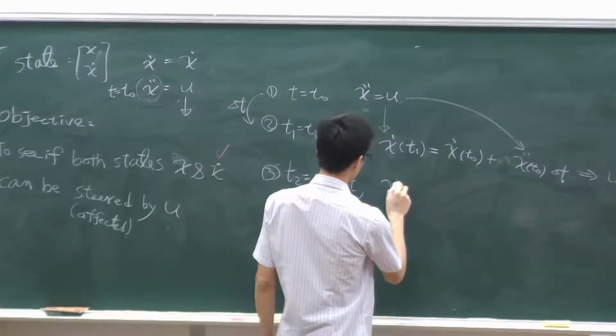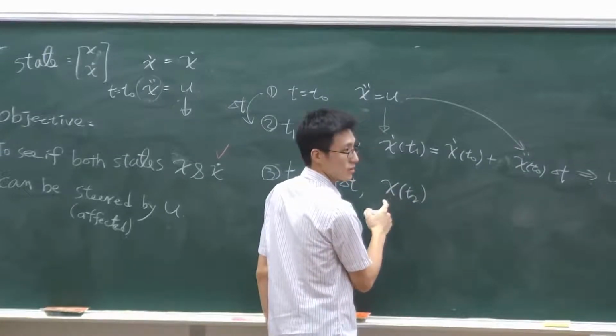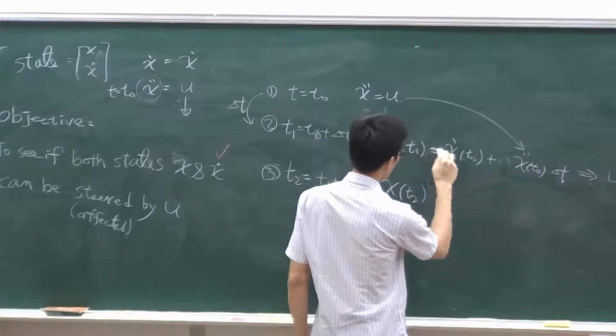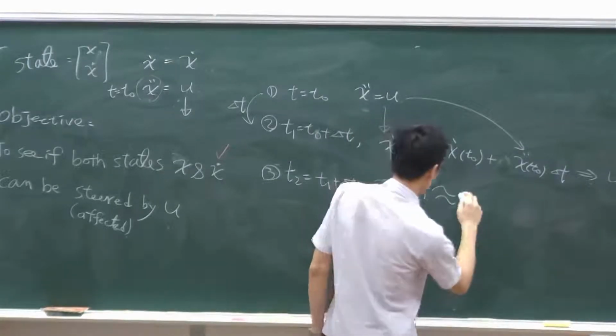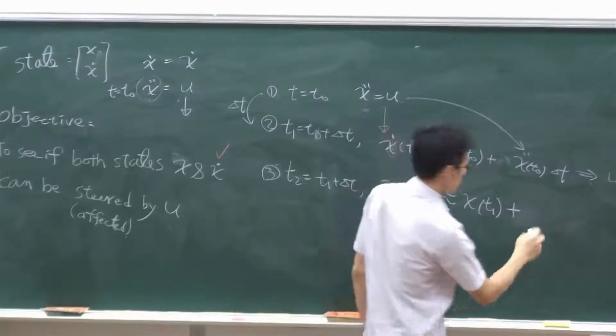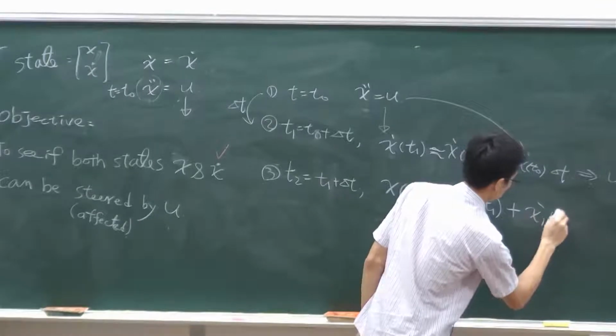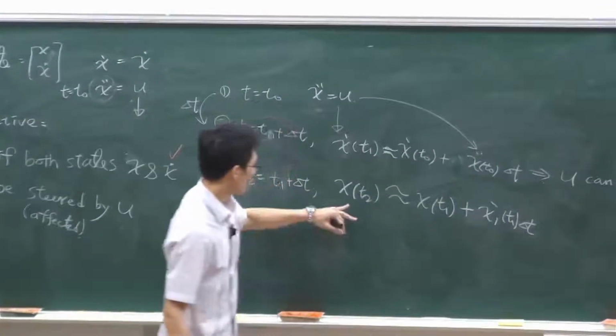The position state at t2 will be approximately the displacement at t1 plus the velocity term.